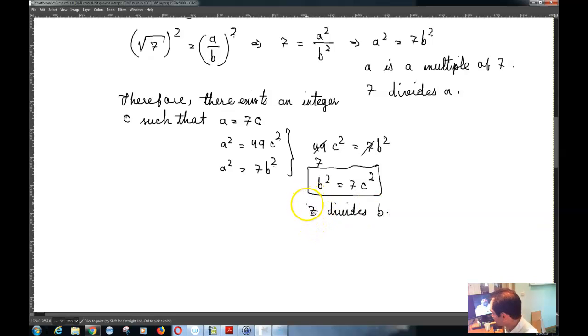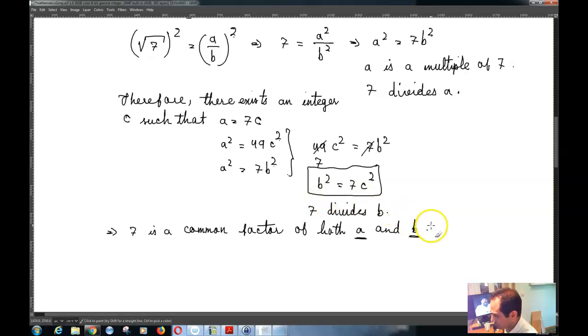So this implies that 7 is a common factor of both A and B, which contradicts our assumption that A and B have no common factors. This is important.